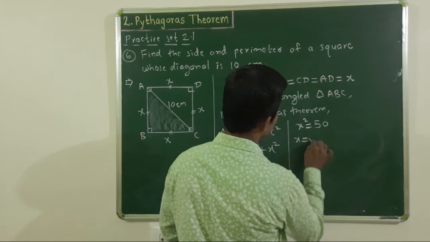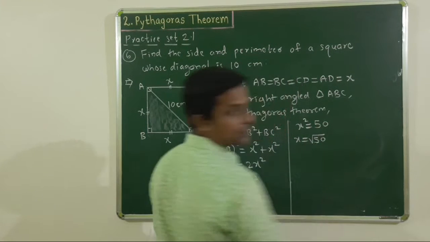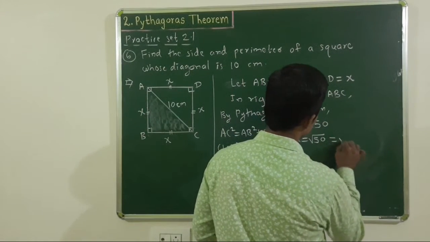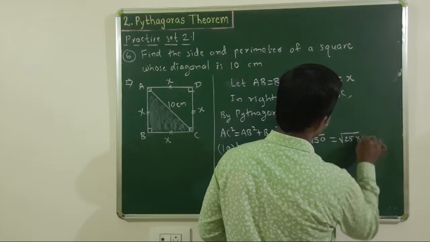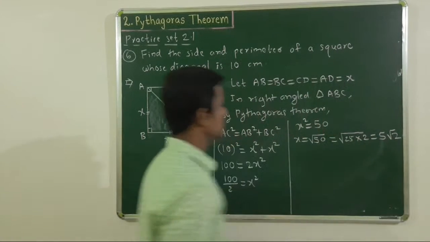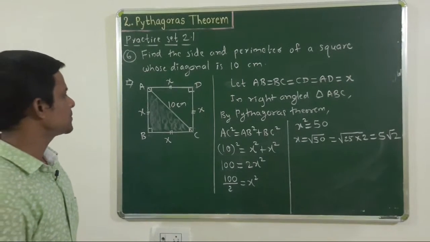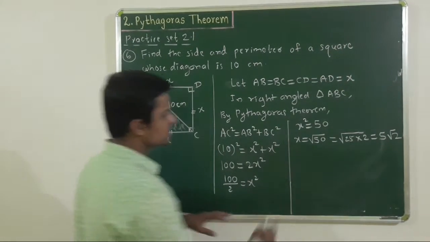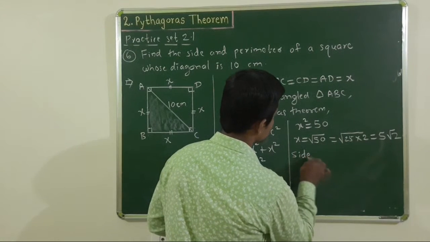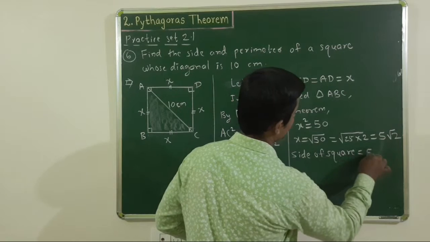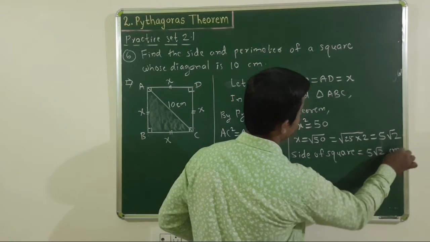Therefore x is equal to root 50, and that is equal to square root of 25 into 2, that is 5 root 2. Therefore we will get x as 5 root 2. Side of square is equal to 5 root 2 centimeter.